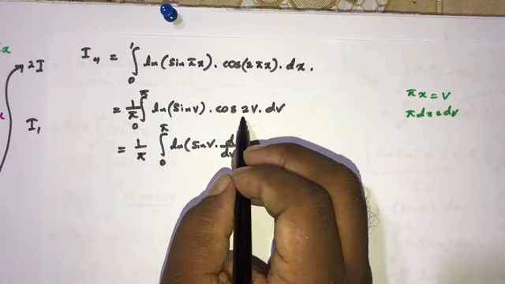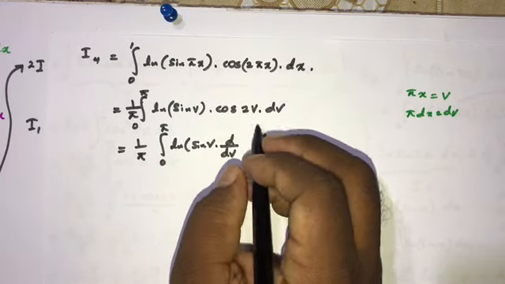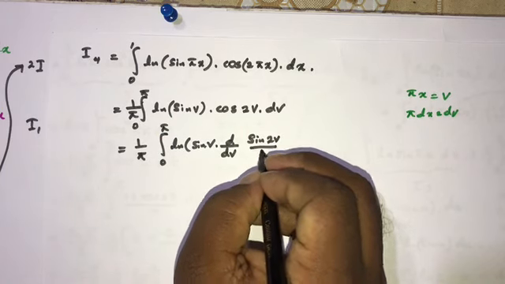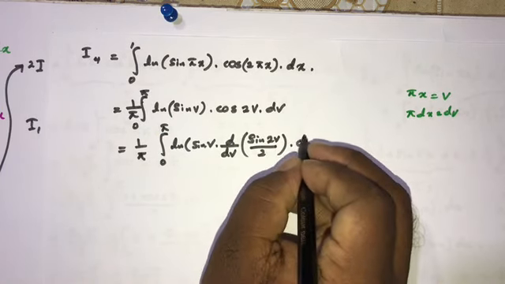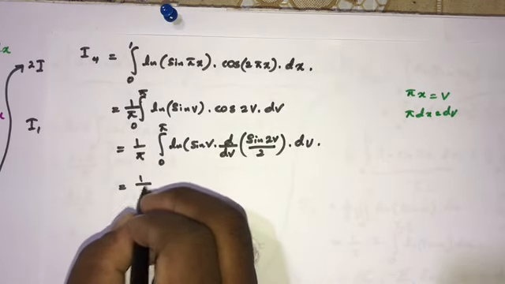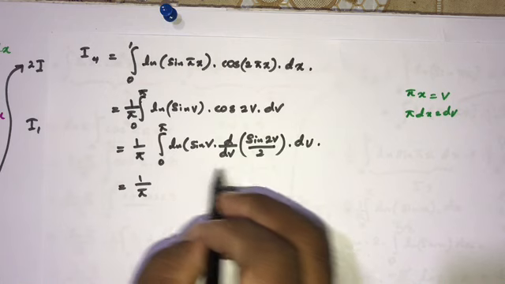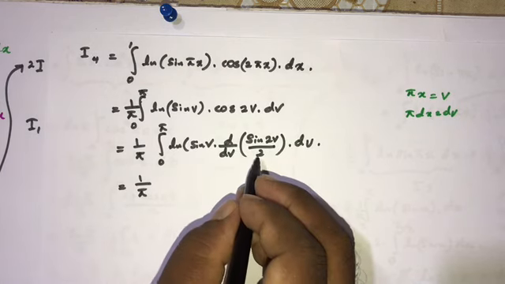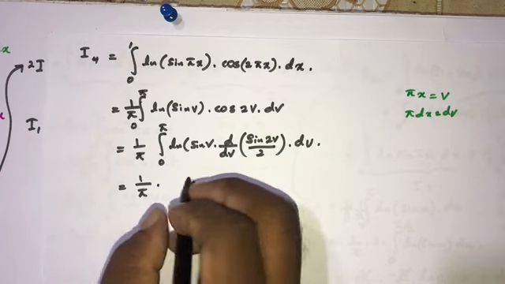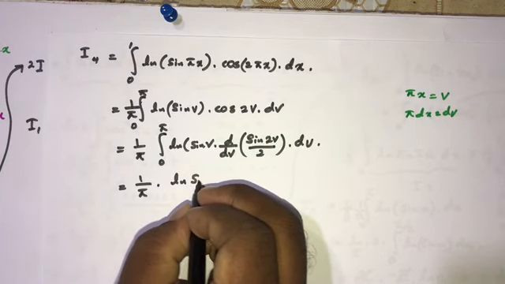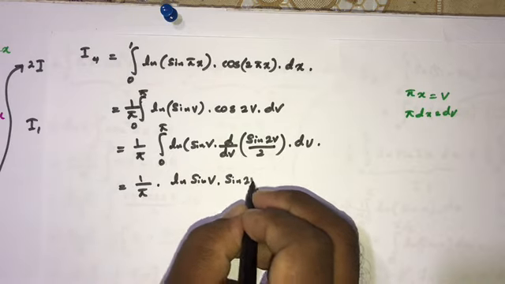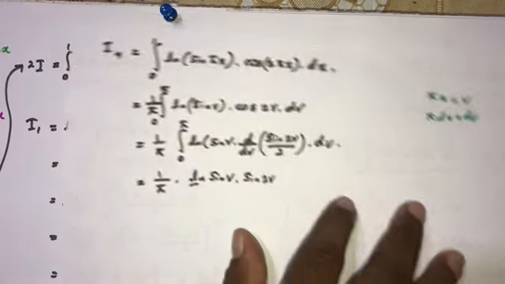Now integral of cosine of 2v, we know sine of 2v over 2 dv, then the product of these two functions. So here 2 is a constant. Okay, now we can write natural log of sine of v, sine of 2 times v over 2.